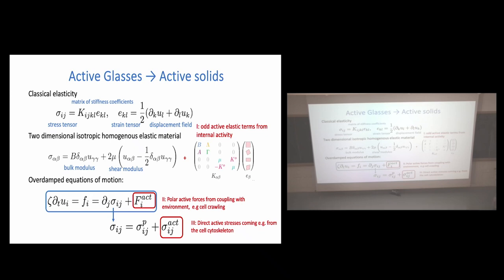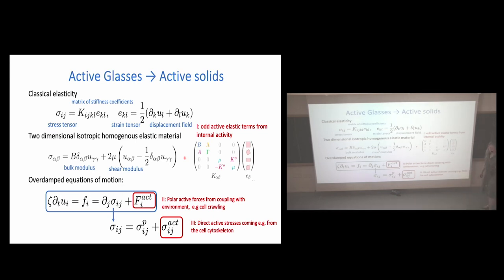Now, if you do this for nice isotropic solids, so let's say your stereotypical piece of rubber, you can write in 2 dimensions, or even in higher, a bulk modulus on the trace of the strain tensor, and the shear modulus for the traceless parts of the strain tensor. This is very generic. So what I want to say is, what happens to all of this if you make it active, and how you can make it active, and how this gets modified.